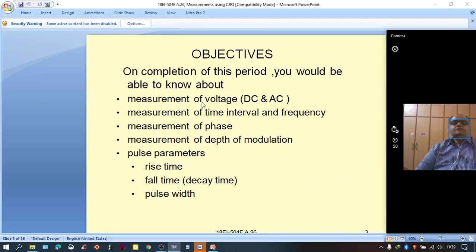Let us try to do the measurement of both DC and AC voltage, and measurement of time interval and frequency of a signal, then measurement of phase angle, measurement of depth of modulation, and measurement of various pulse parameters such as rise time, fall time, pulse width, then delay time, and all these parameters we will try to measure using CRO.